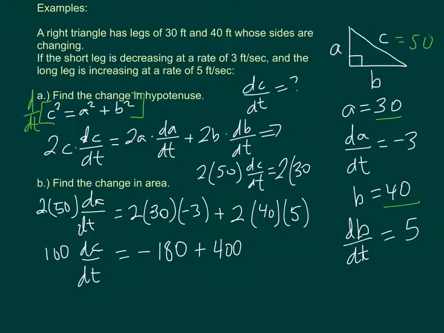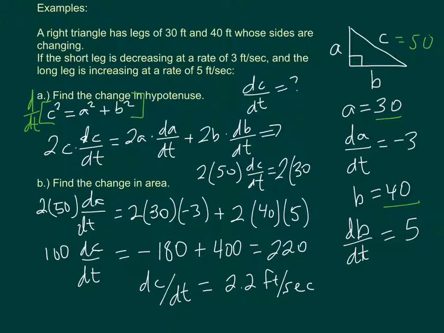Yeah. Which is going to equal 220. Dividing by 100, dC/dt gives us 2.2. We're looking for that length, so that's going to be in feet per second.